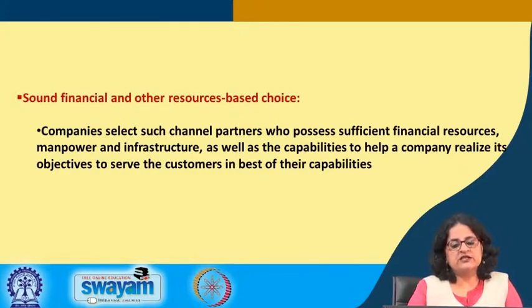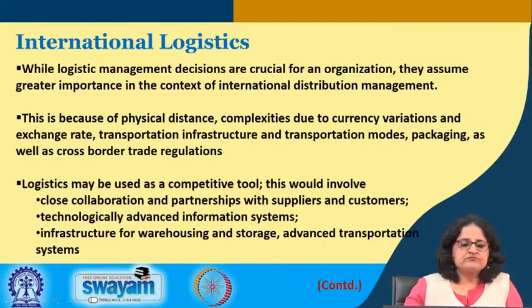So, companies select such channel partners who possess sufficient financial resources, manpower and infrastructure, as well as the capabilities to help a company realize its objectives and to serve the customers better with the best of capabilities. So, sound financial and other resources are another determinant which companies use to select their channel partners.